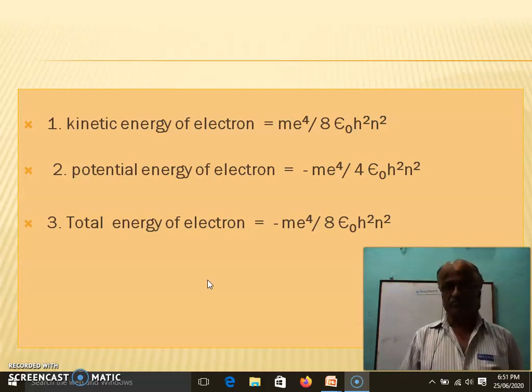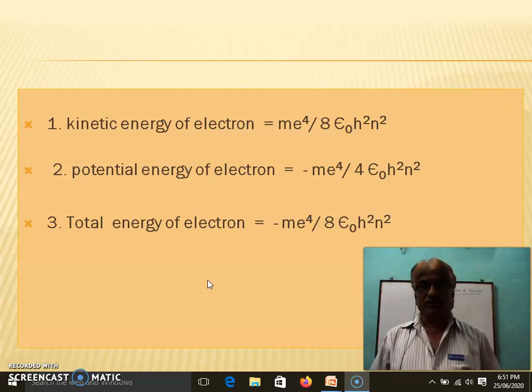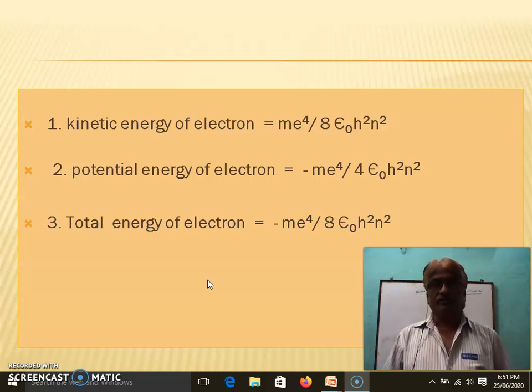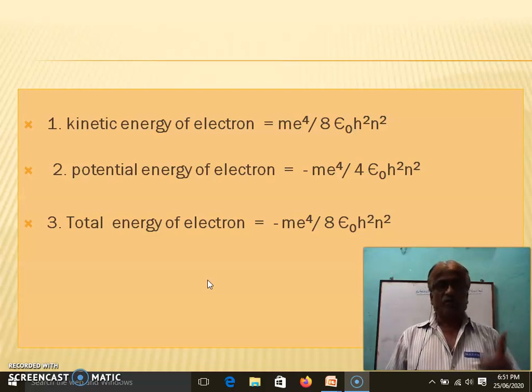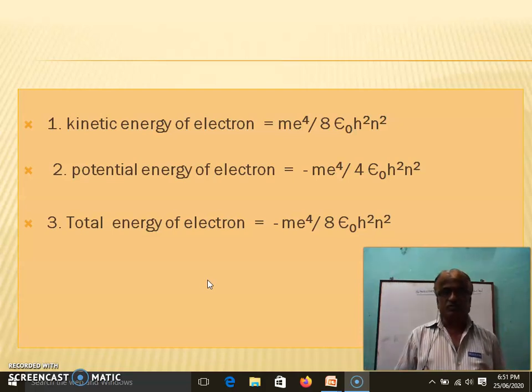Electric potential is obtained by the amount of work in bringing a unit positive charge from infinity to that point. So if their product is taken, the potential energy of the electron will be minus m raised to 4 upon 4 epsilon 0 h square n square.